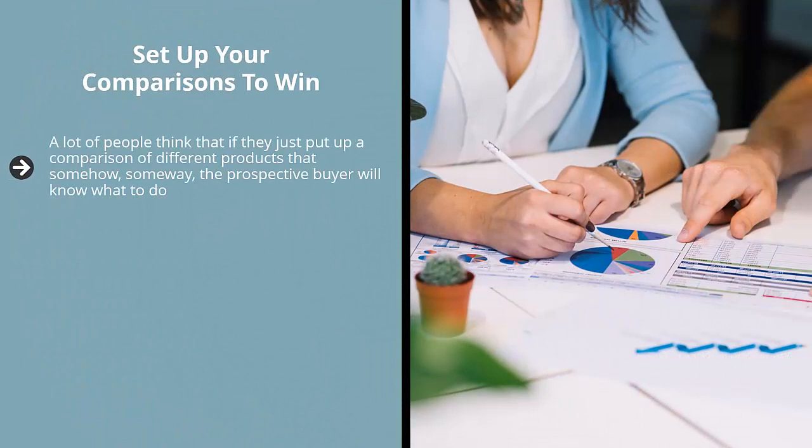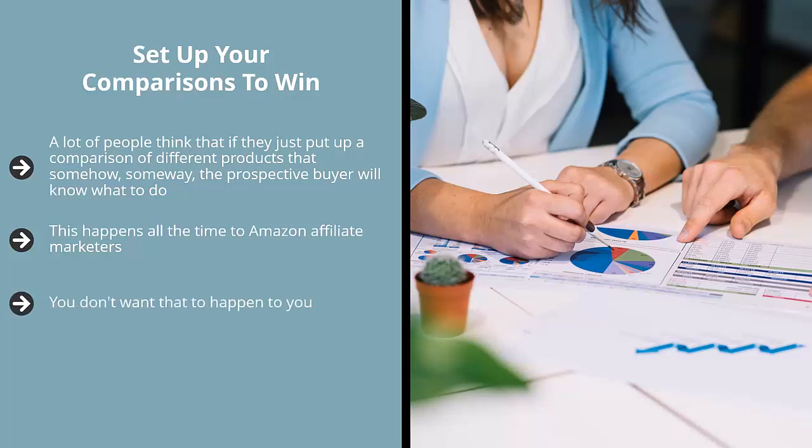A lot of people think that if they just put up a comparison of different products that somehow, some way, the prospective buyer will know what to do. Well, chances are they'll get pieces of information from your comparison chart and buy somewhere else. This happens all the time to Amazon affiliate marketers. It's really sad that they do all the heavy lifting and research, only to end up with a whole lot of nothing because their prospective customers spend their hard-earned dollars somewhere else.